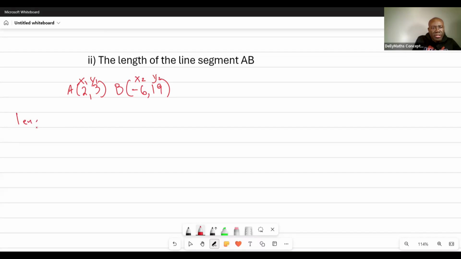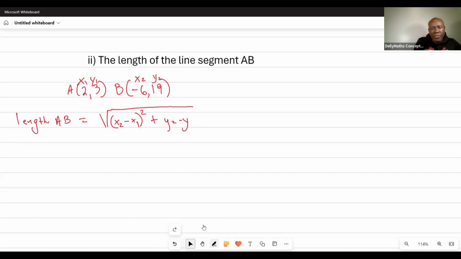The formula for the length of the line segment was developed from the Pythagorean theorem. It's going to be the square root of x2 minus x1, squared, plus y2 minus y1, squared.